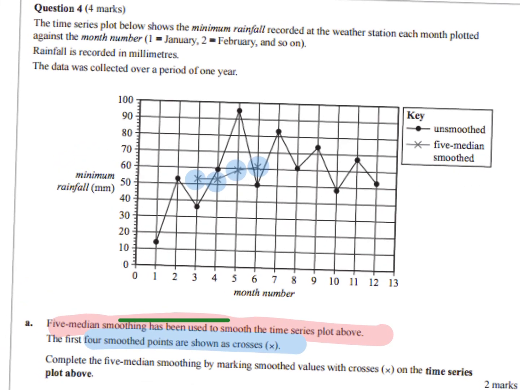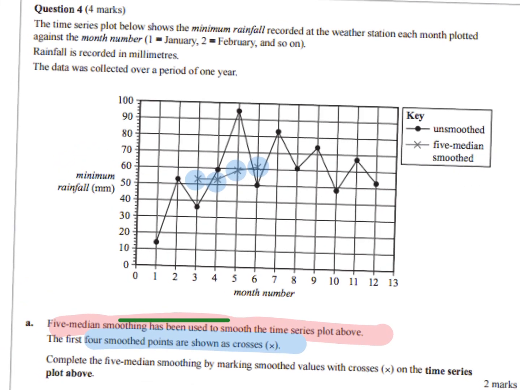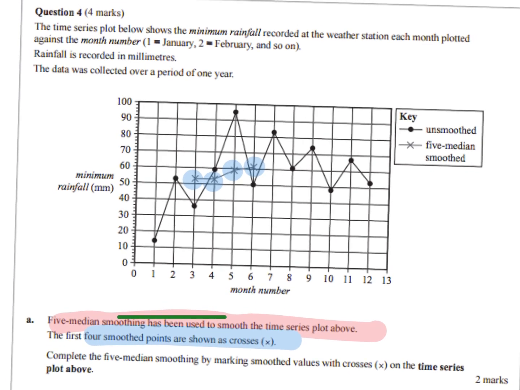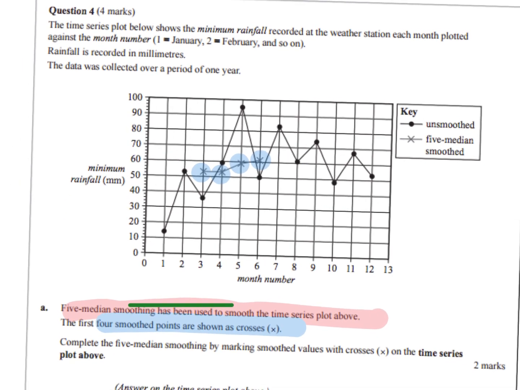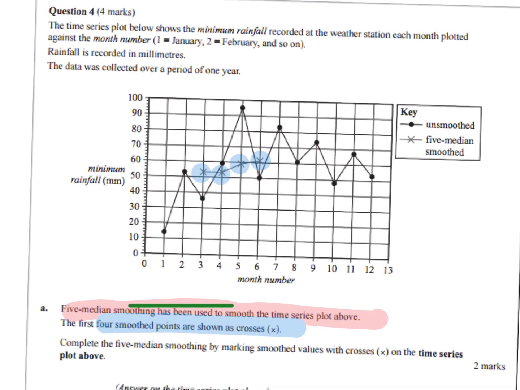Okay, so we've got to continue it, and you can see the first 2 are gone because you lose 2, and you know the last 2 are not going to be there either, and so we only have to do a couple more. So let's have a look. We're looking at 7. Because it's 5 median, we need to look at the 2 before it and the 2 after it.